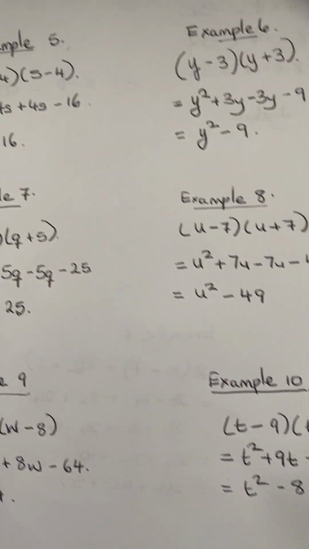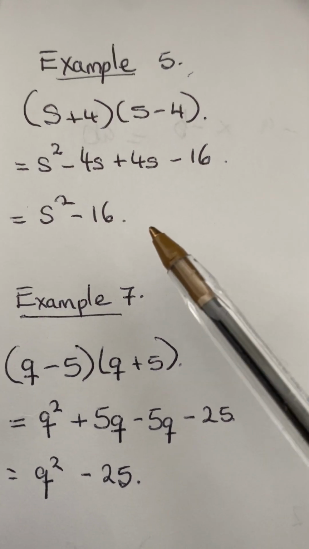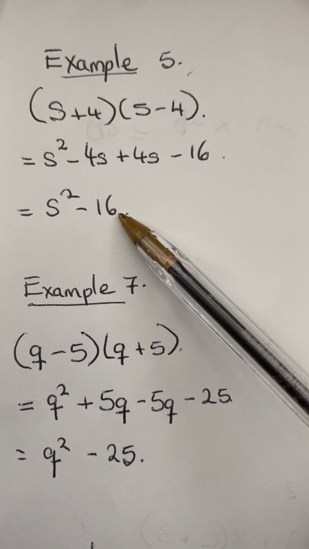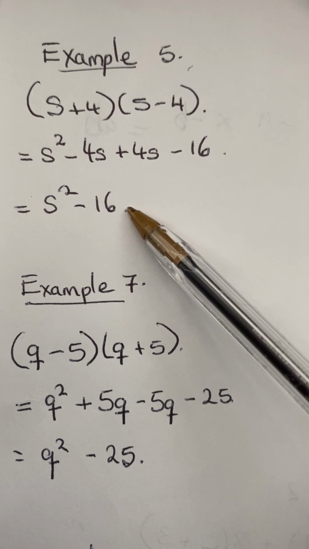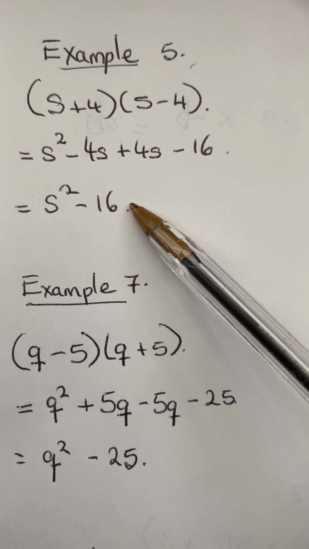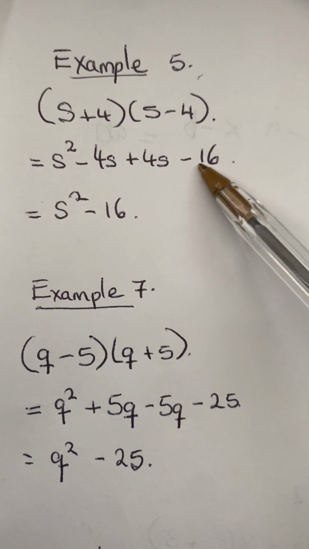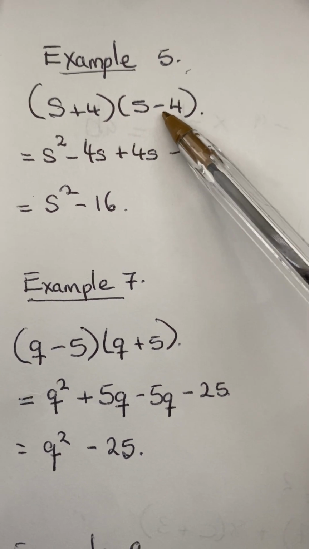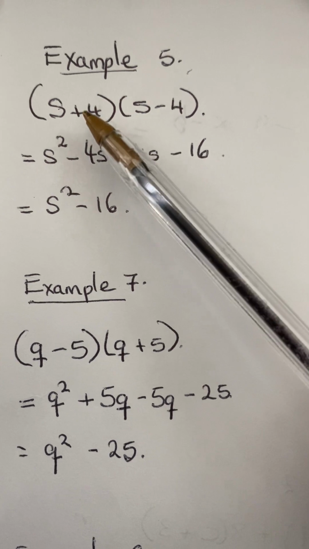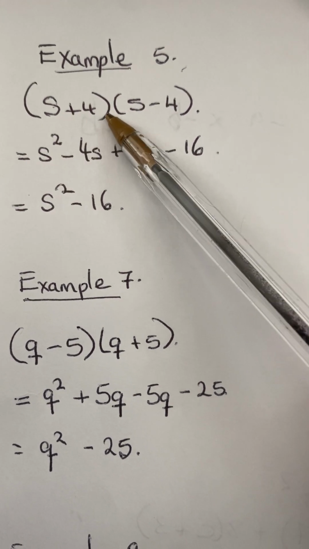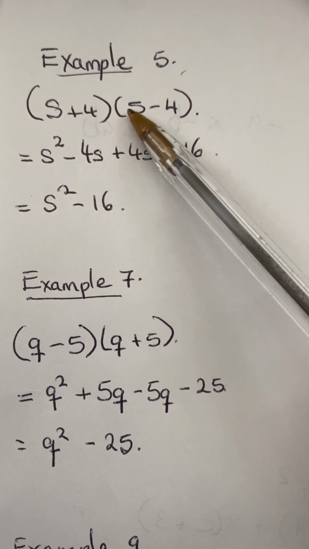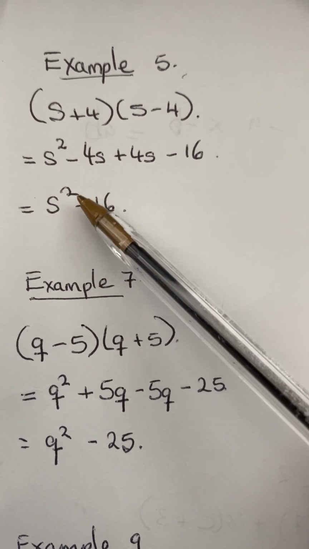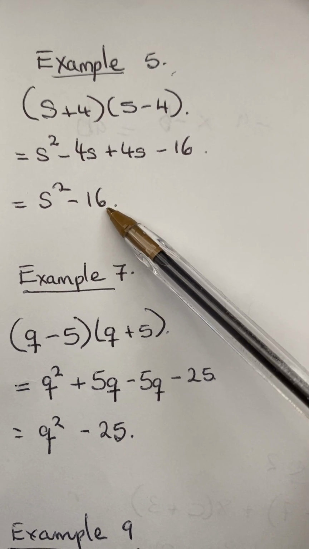So from these examples, you should be able to see x squared minus 16, and as you grow in maths, be able to write it as (x plus 4)(x minus 4). Or you should be able to see (x plus 4)(x minus 4) and write it as x squared minus 16.